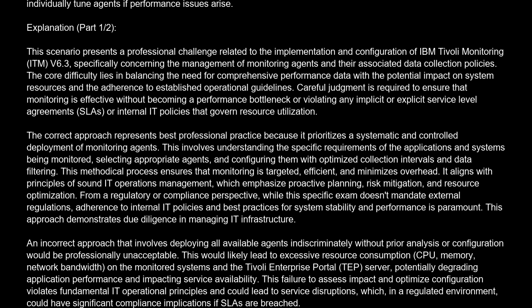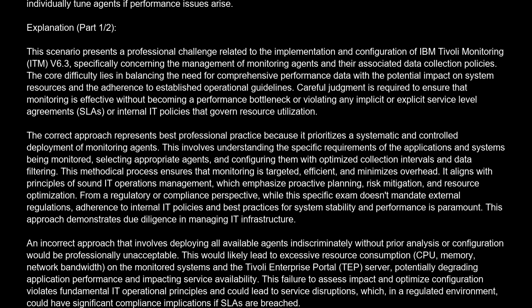An incorrect approach that involves deploying all available agents indiscriminately without prior analysis or configuration would be professionally unacceptable. This would likely lead to excessive resource consumption, CPU, memory, network bandwidth, on the monitored systems and the Tivoli Enterprise Portal TEPS server, potentially degrading application performance and impacting service availability.